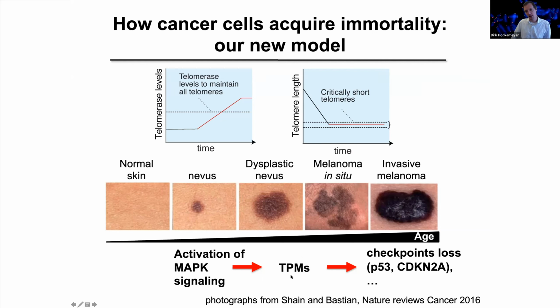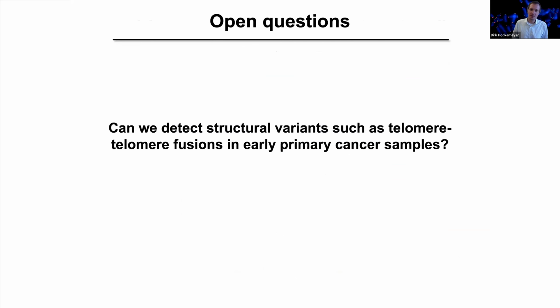And how does it work for cancers that we don't see and where we can't profile this because they are happening at so early stages that they are still very, very small? So to better understand the selective pressures and the dynamics of this early development of cancer, we wanted to know, can we actually detect telomere-telomere fusions in early primary cancer samples?